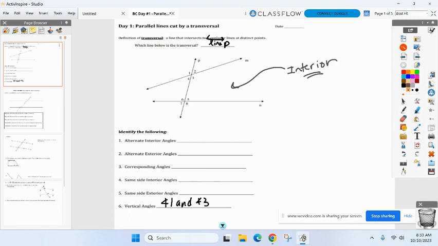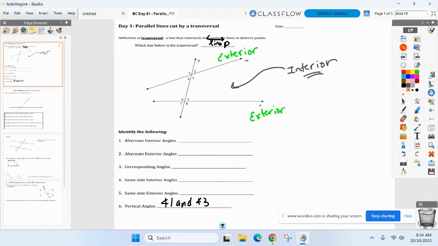If you see the word exterior, where do I want to look? Outside the lines, yes. All right. So the name of the angles will tell you where to look and then what angles I'm looking for.